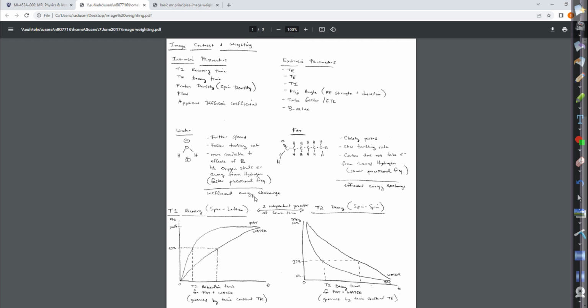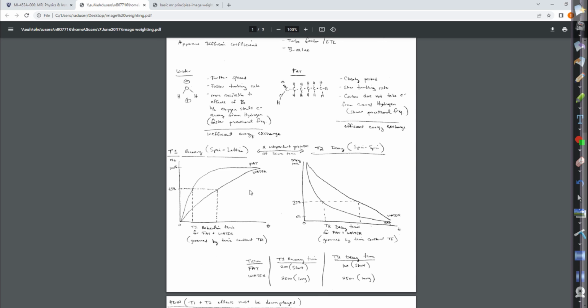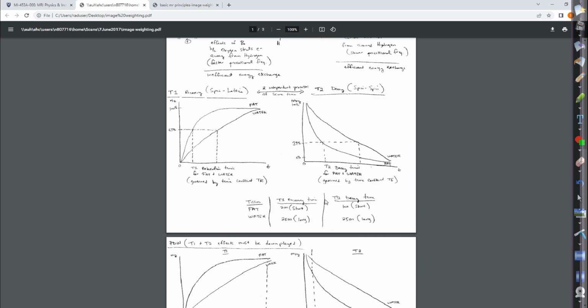This part was on the previous document, so I'm not going to go over this again. But what we do have here is our actual values. So I actually included in a little chart here our T1 recovery time and T2 decay times of fat and water. And this is, remember, at 1 Tesla, because it's field strength dependent.